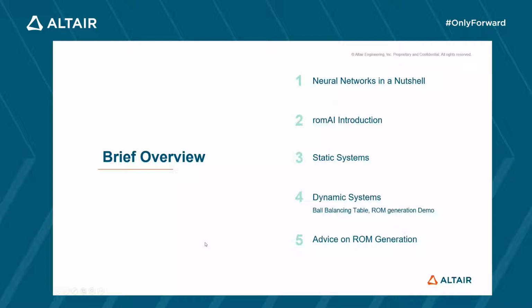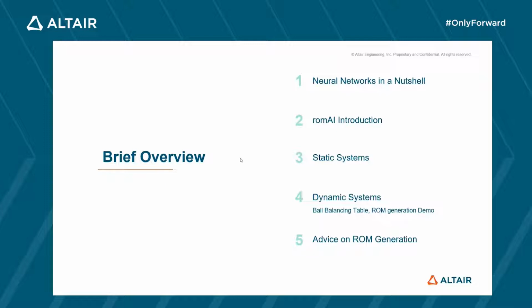So today what I'm going to do is give you a very brief introduction into neural networks, and explain our product ROM AI. Then I'll go into talking about the kinds of systems that ROM AI can handle, which are static and dynamic systems, along with giving you examples where you can view how various parameters within ROM AI affect the end result.